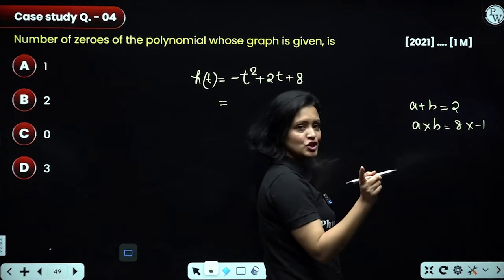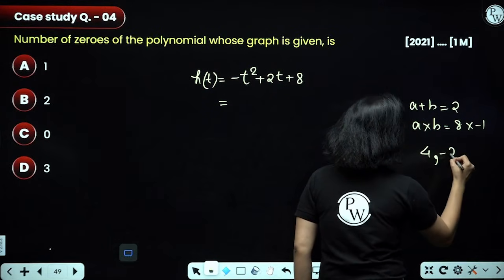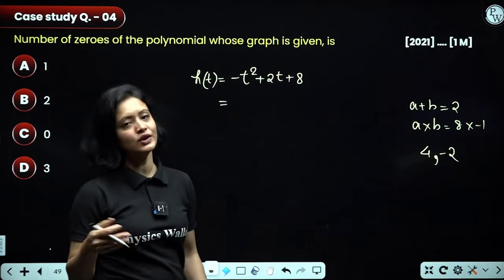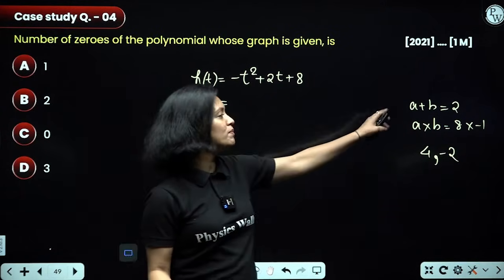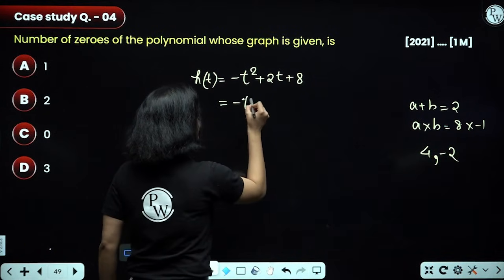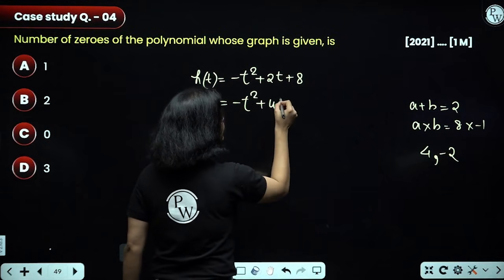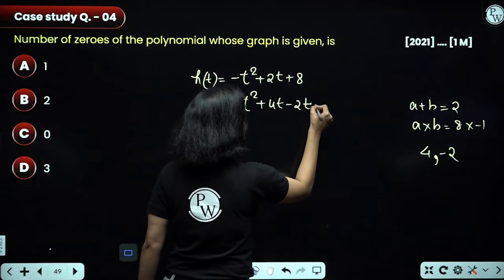So such two numbers are what? 4, negative 2. 4 into negative 2 is negative 8, and 4 plus minus 2 is 2, right? So I am going to break it down like this. Minus t square plus 4t minus 2t plus 8.